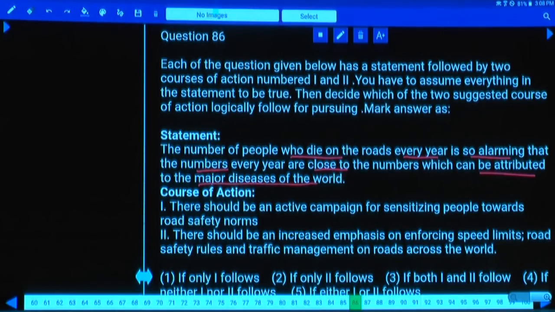So people dying because of road accidents is almost equal to people dying because of the major diseases of the world. Yes, the problem is that more and more people are dying because of road accidents. Now, this is the problem.